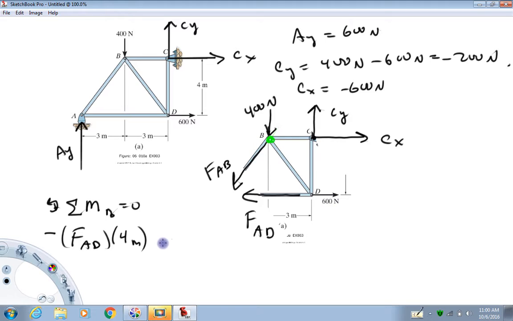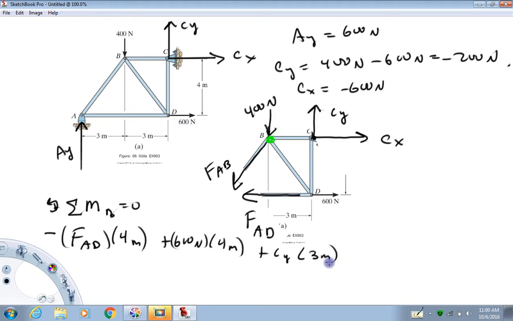All right, then we're going to have plus 600 newtons times the same distance, 4 meters, for this force. The moment produced by CX is 0 because it goes right through B. Then we're going to have plus CY, which I know, times this distance, 3 meters.